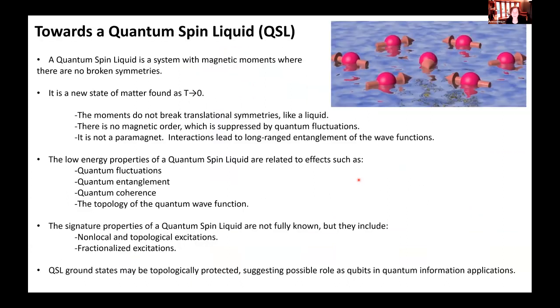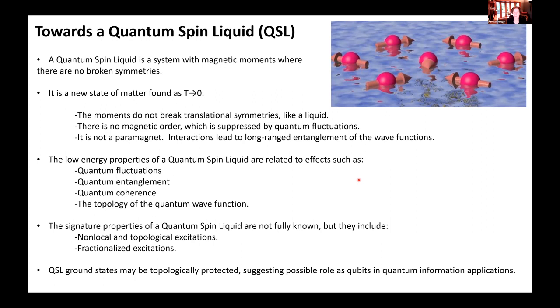To start, I could perhaps encapsulate the purpose of our work as searching and trying to understand the properties of a particular kind of system that is going to go by the name of a quantum spin liquid.